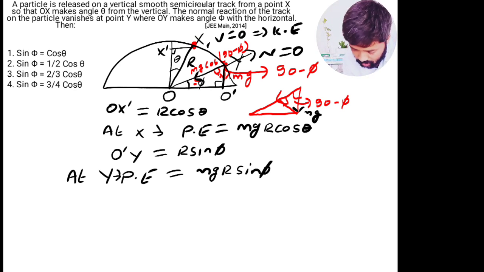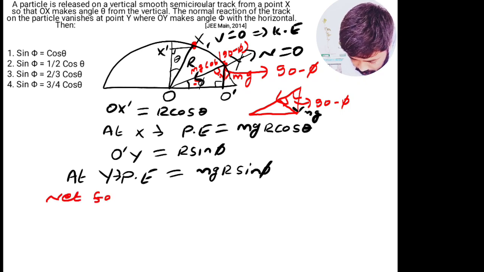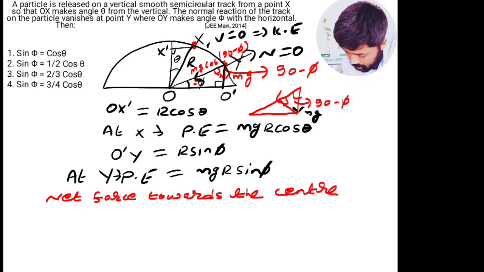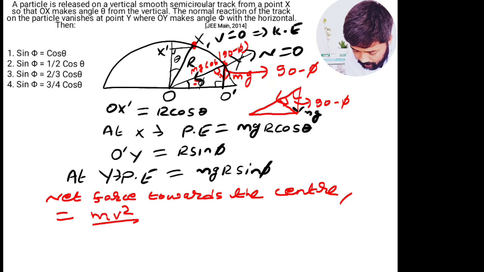Now see, net force towards the center of a circular path is centripetal force, which is given by mv square by r.